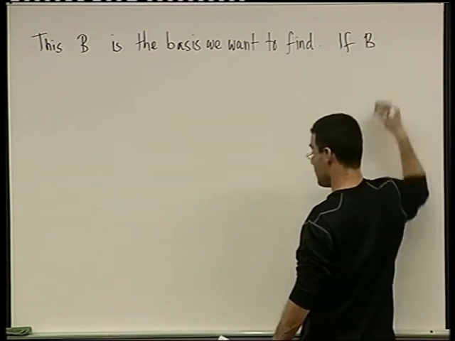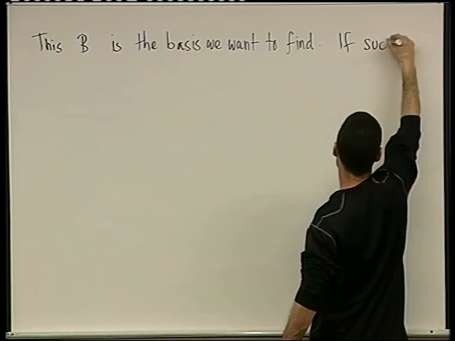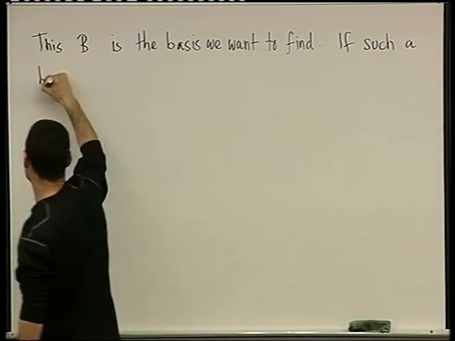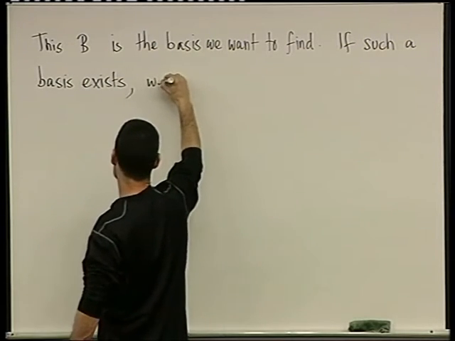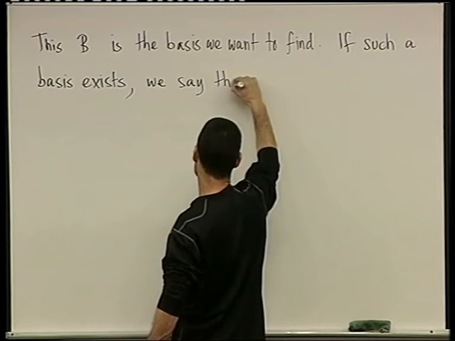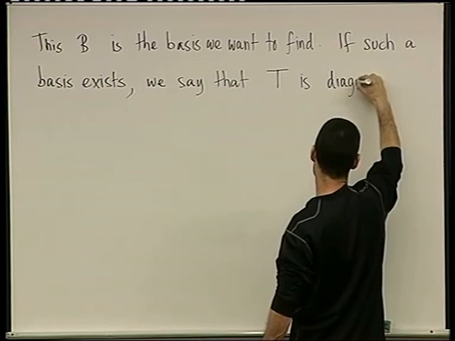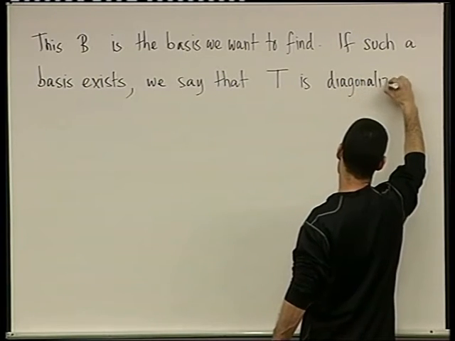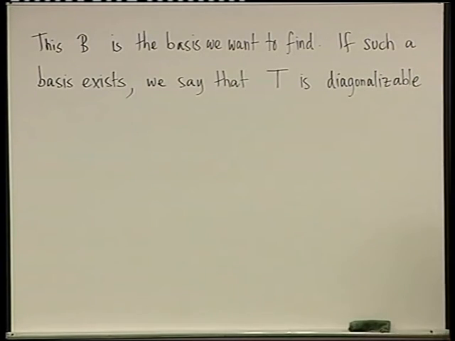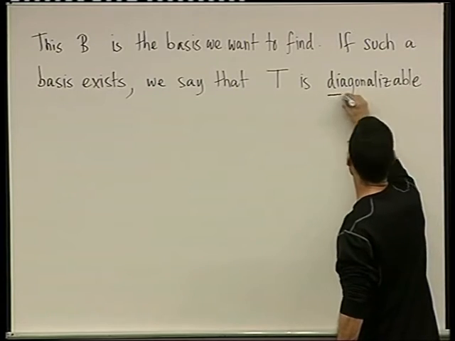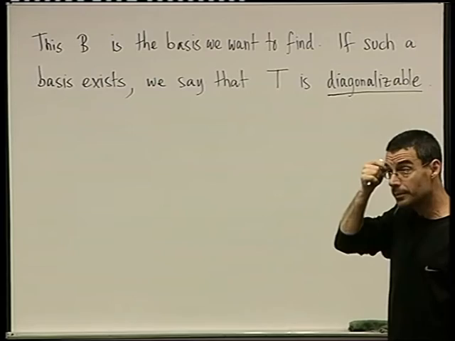If such a basis exists, we say that T is diagonalizable. That's the end of the word. Good? Clear? Okay.